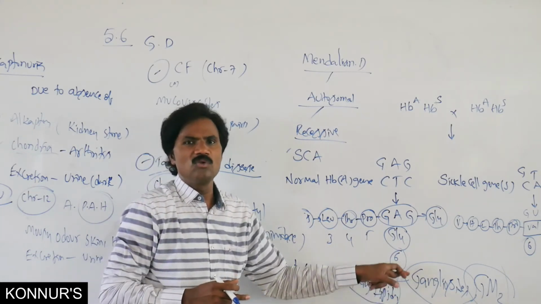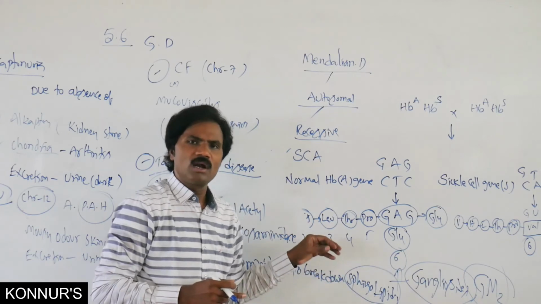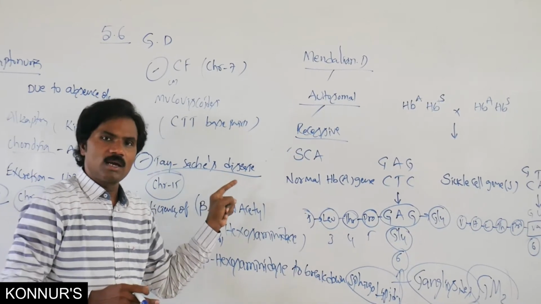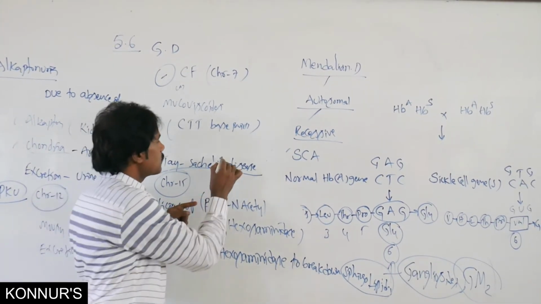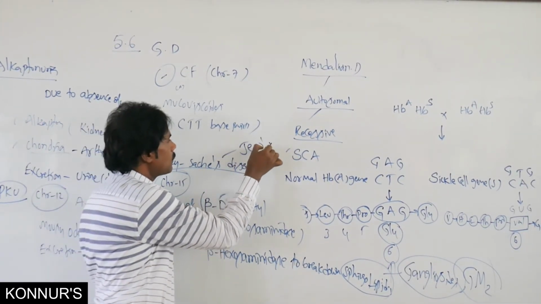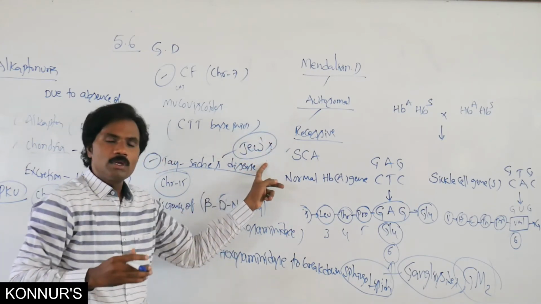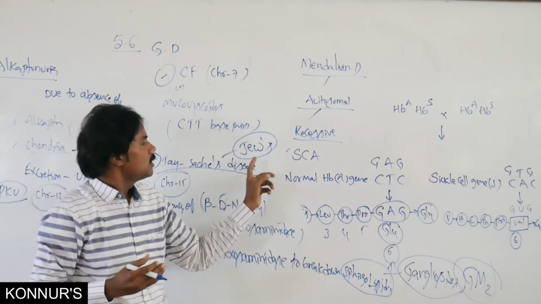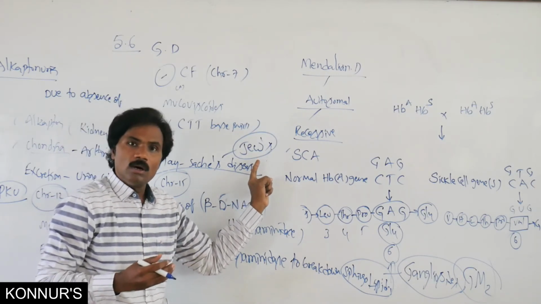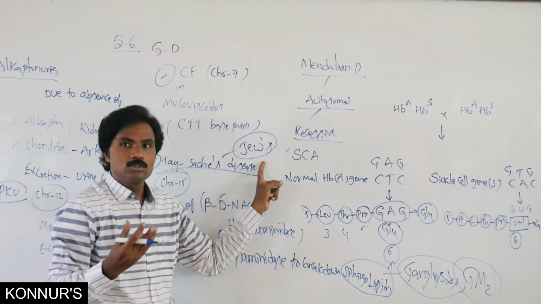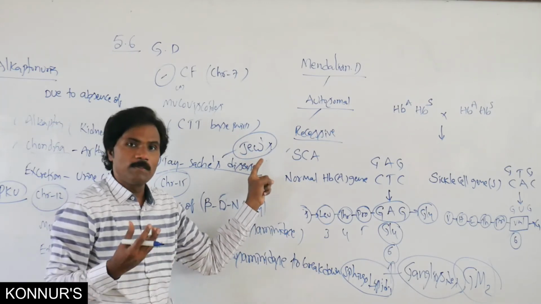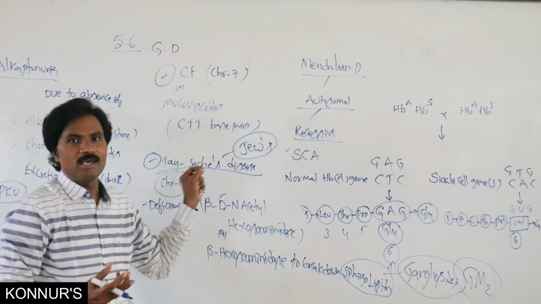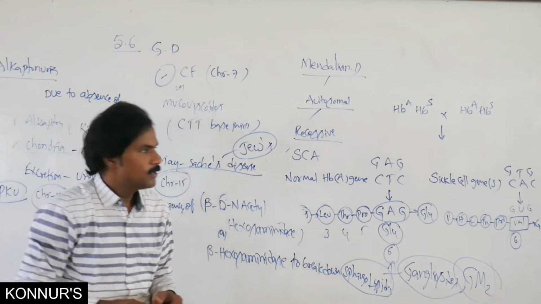Normally Tay-Sachs disease affects Jews, the Jewish population, so they must identify Tay as well as Sachs.